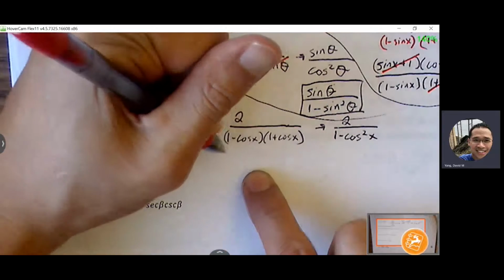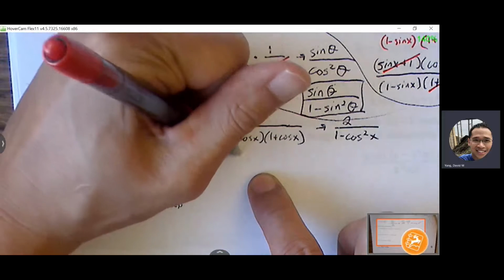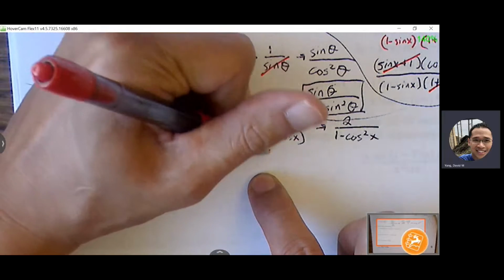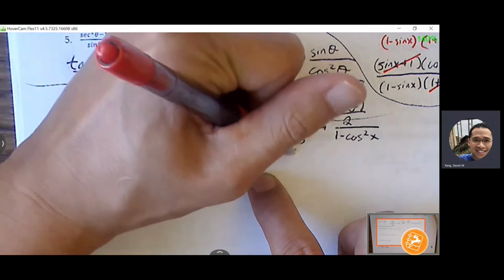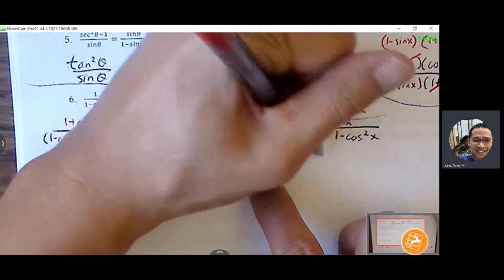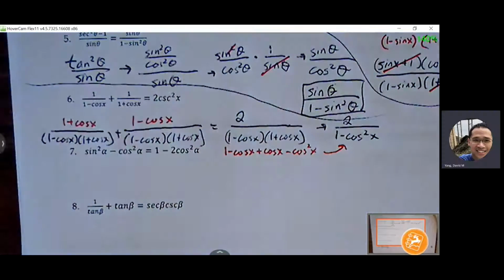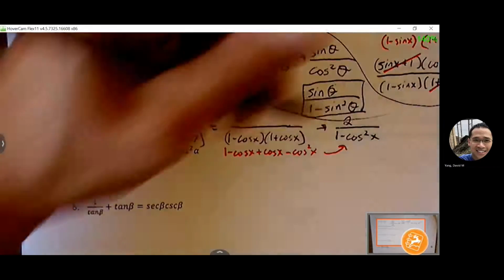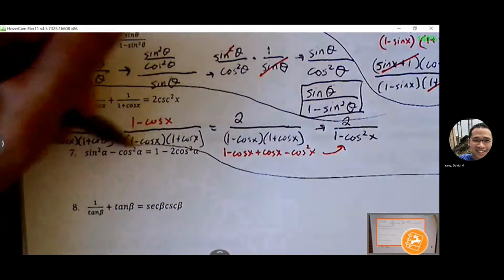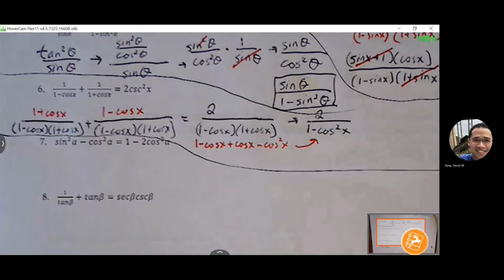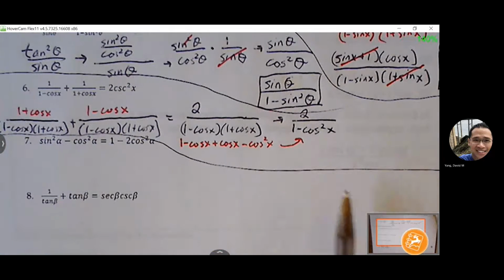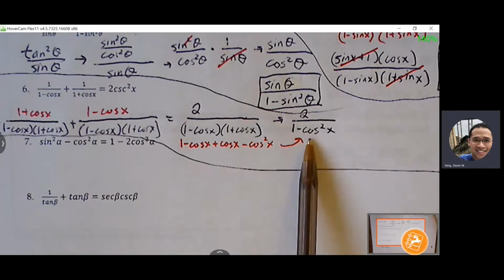I want to see all the terms here. I can do this: 1 minus cosine x plus cosine x minus cosine squared x. Anything standard here?